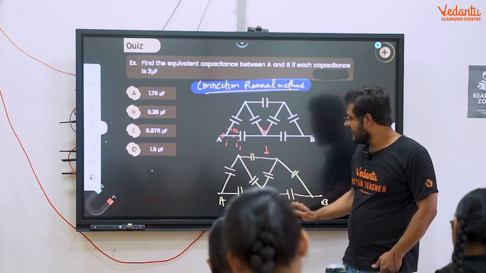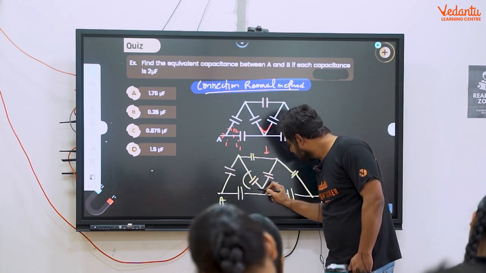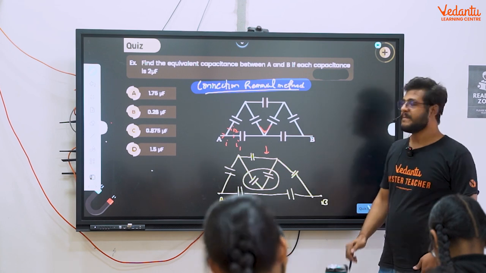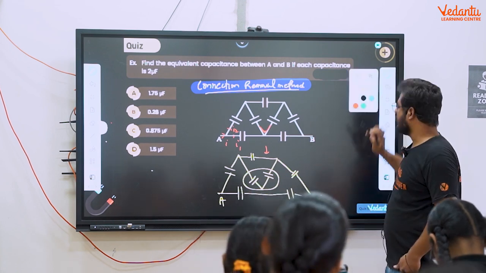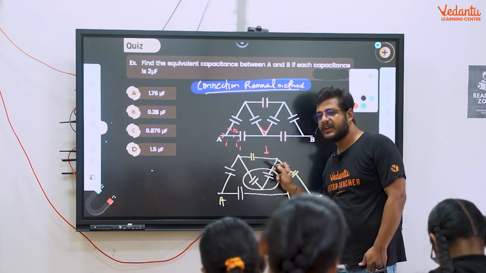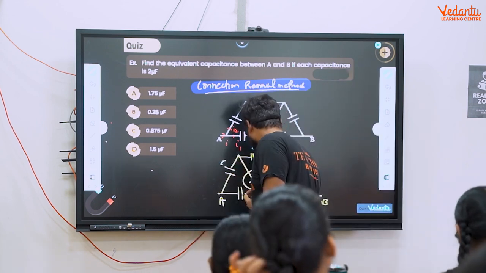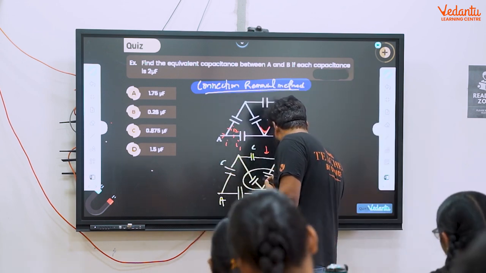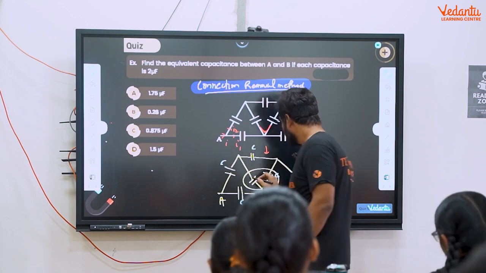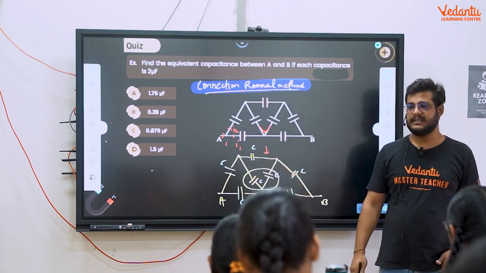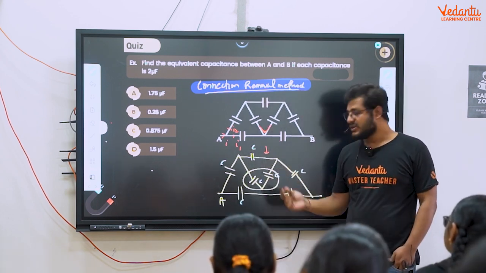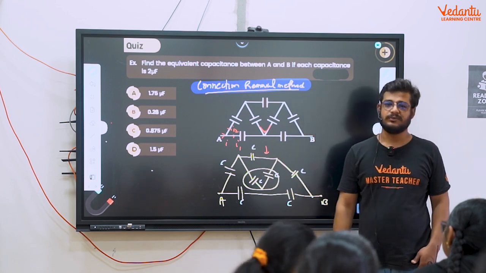Now, see carefully. Shall I solve this part first? These two are connected how? It's an end-to-end connection, so they are in series. If all the capacitors have capacitance C, these two are in series because they are end-to-end connected. So what is the equivalent capacitance because of these two?